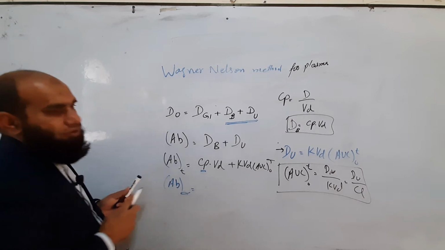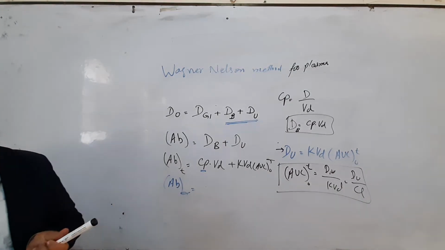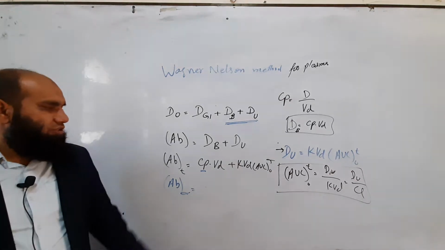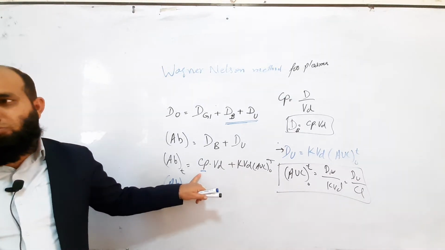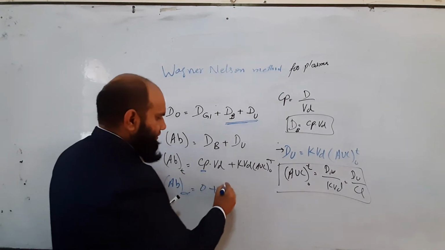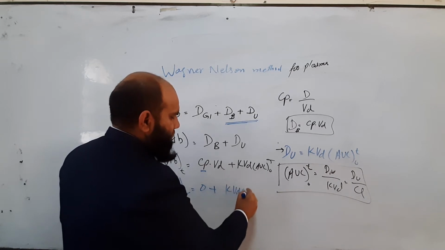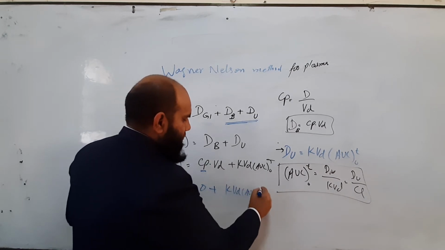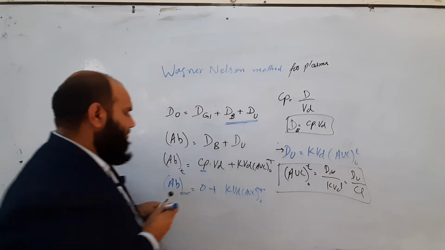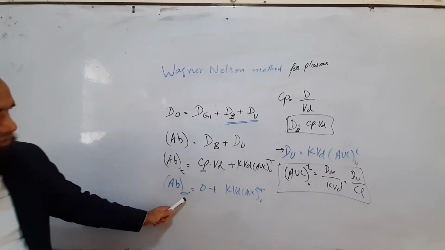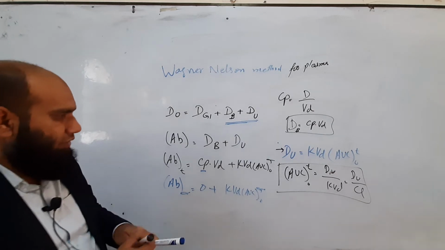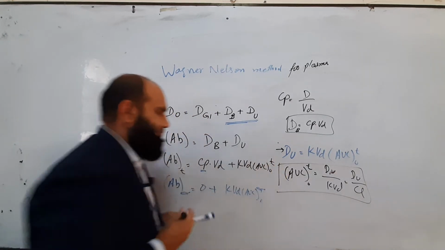This C_p will be negligible, because we are discussing the fraction of drug which is going to be absorbed. So this C_p will be close to 0, and we multiply by this 0, so this equation is equal to 0 plus K V_d into AUC 0 to infinity. Here it is 0 to infinity because we are discussing the time infinity, and there it is 0 to t.